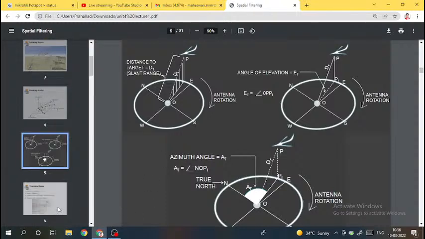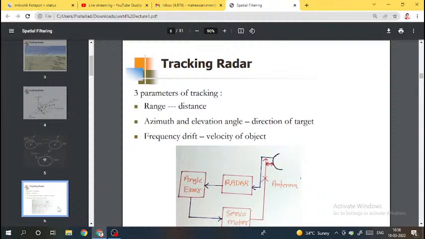Now by knowing the position of the target, what must the tracking radar do? We have an extra feature in tracking radar: we have to find the angle error. What is angle error? There is a beam with a beam axis, and there is the target axis.